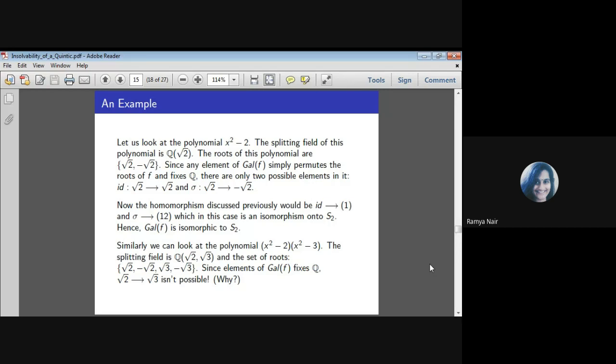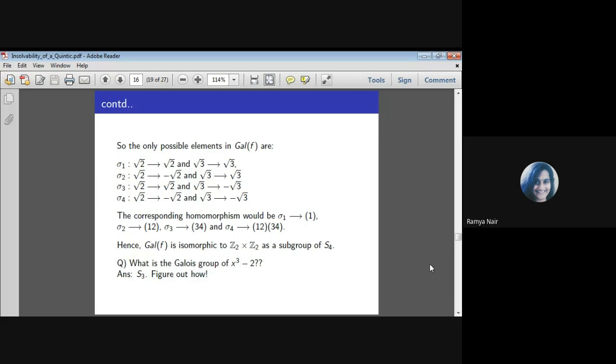Look at the image of 2. Sigma of 2 can be written as sigma of square root of 2 times sigma of square root of 2, which, if we allow this map, would be 3. So the image of 2 is going to be 3, which is not allowed because we need our automorphisms to fix the set of rational numbers. So this permutation of roots is not allowed. So here, which are the ones that are allowed?